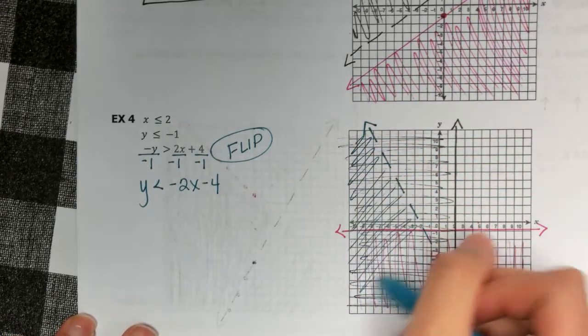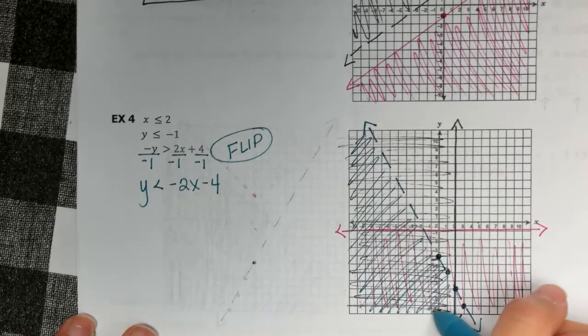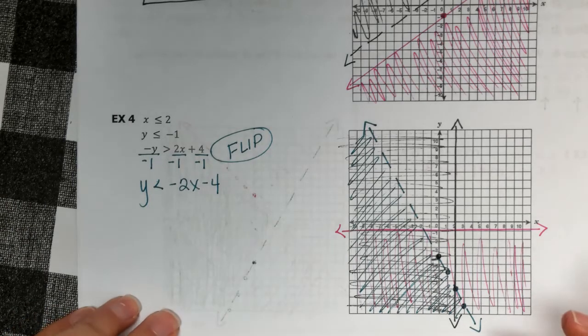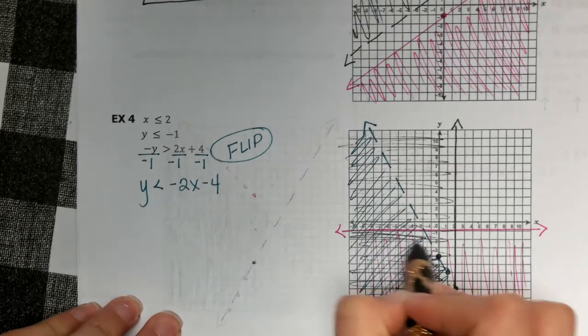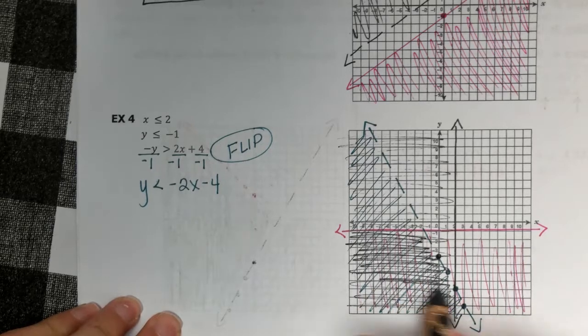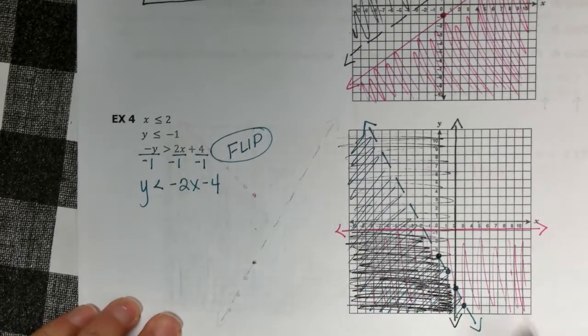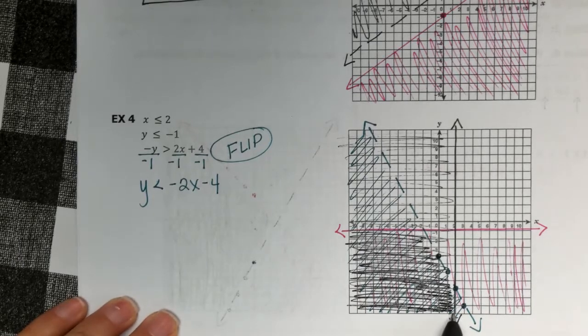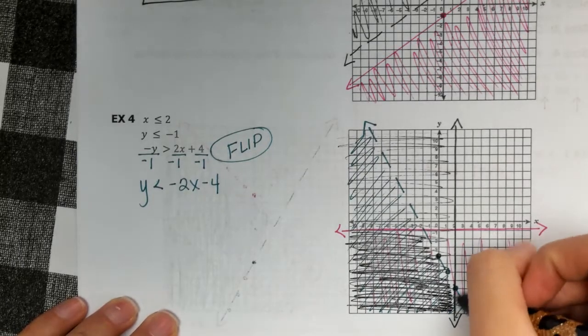Less than, so I shade below. So my overlap shaded region is going to be this area, but make sure you don't go past that vertical line. So you have to be very careful when you have more than 2 that you satisfy all those boundaries.